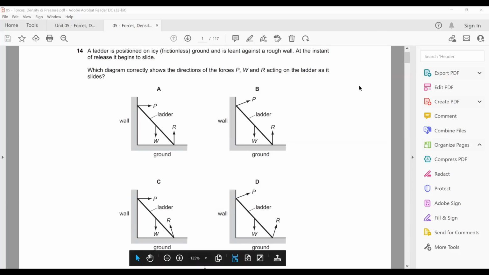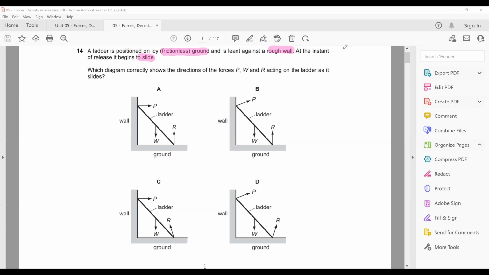So what are the correct forces that show the situation right now?